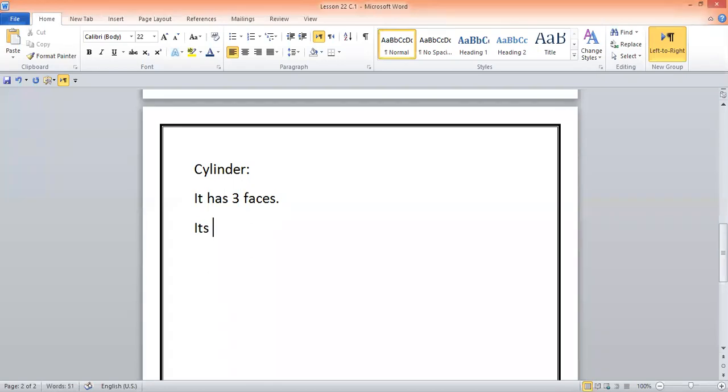For the next point I will write, its two faces are flat and its one face is curved.